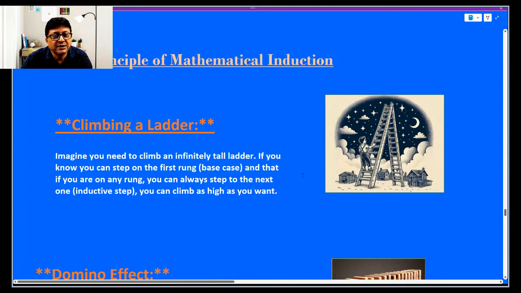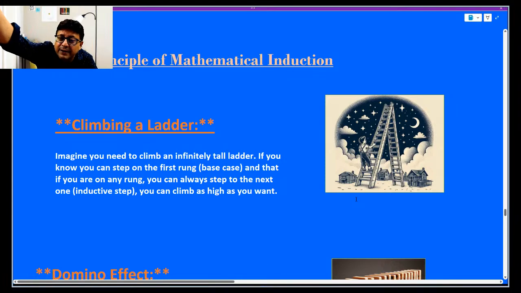Okay, let us start. Principle of mathematical induction. Just let me tell you in brief, this boy is climbing the stair to go as high as possible. What is the basic criteria? Initially, he was standing on the base. Then he has to step on any one of the stairs.